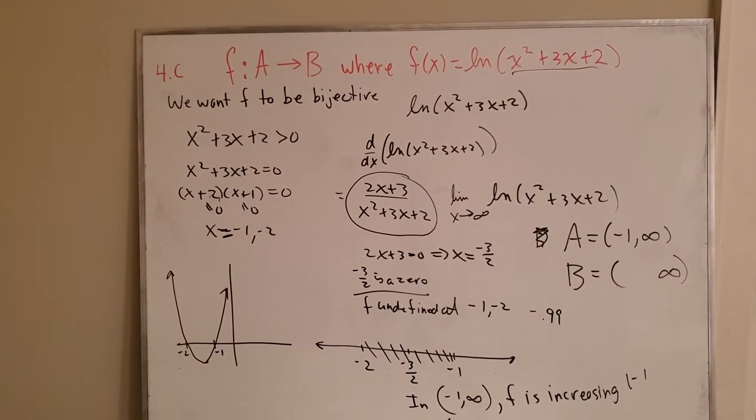I don't have a calculator handy, so I have to use my computer calculator. All right, so I'm going to take 0.99 squared, plus 3 times 0.99, plus 2.